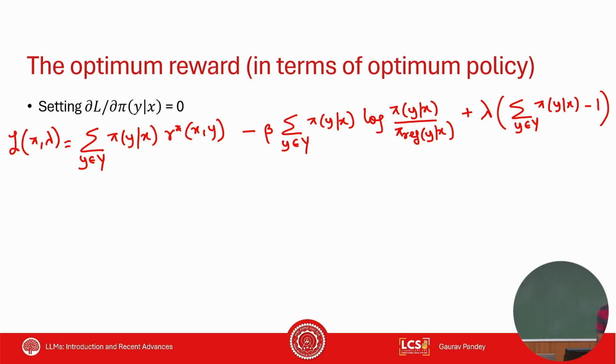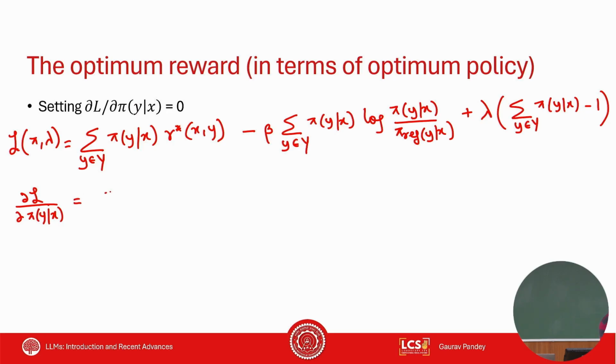And now let's compute its partial derivative with respect to pi of y given x. We'll have to do it for each pi of y given x combination, and let's assume x is fixed. You can think of all the possible outputs as representing the parameters. So each pi of y given x is one parameter, and one should differentiate with respect to pi of y given x for a specific y. What do you get? Del L over del pi of y given x for a specific y, let's say generally y equal to y naught given x.